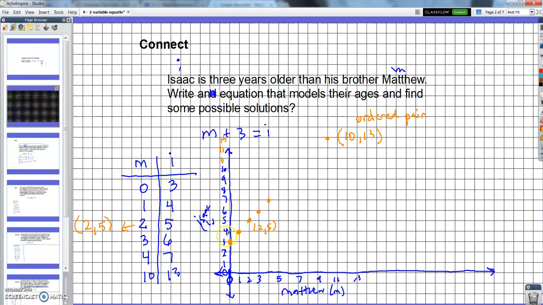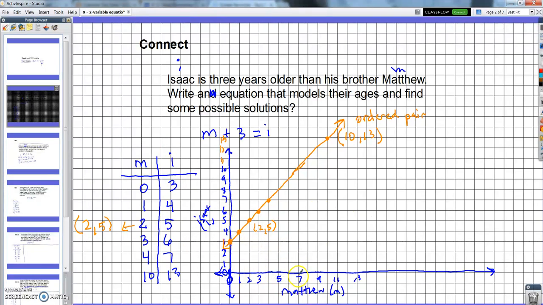So then what's nice about this is when I connect all my points I made, this lets me check any age. We didn't list every possible thing, right? But if I wanted to know, well, what about if Matthew is 7?